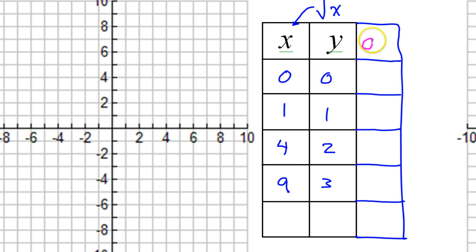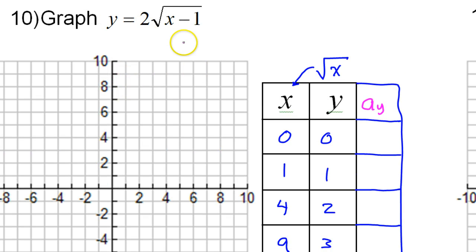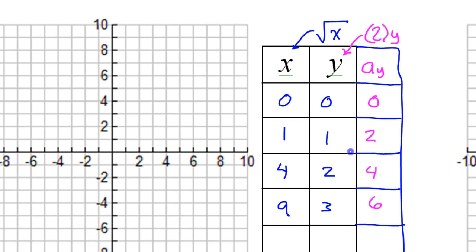Okay, so in the third column, we will do a times y. The a value is 2, so we will take 2 and multiply it by all the y values. So that will give us 0 and 2 and 4 and 6. Alright, once we have this third column, we can forget about the second column and use this instead.